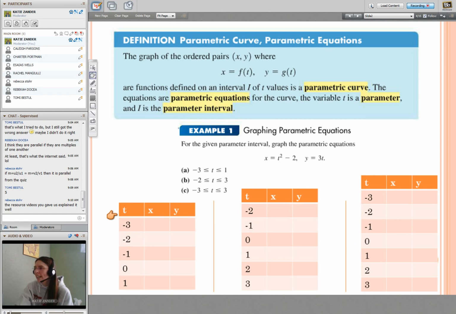Let's divide and conquer. Everyone pick a number that you want to substitute into either x or y, and when you have an output value, put it in the chart, and then I will start copying that over to the other boxes. The first step here is simple substitution. We're going to substitute those values into the x equation and the y equation and simplify.